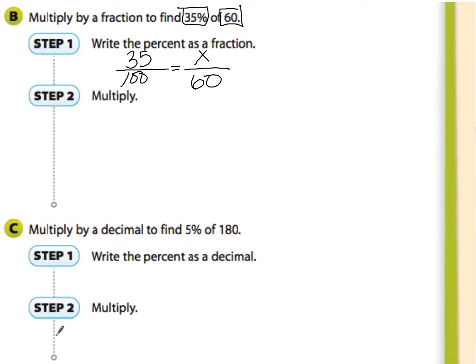So now I have to figure out what did I divide by, because I went from 100 to 60, so I know that I have to divide. So 35 over 100 equals what out of 60?